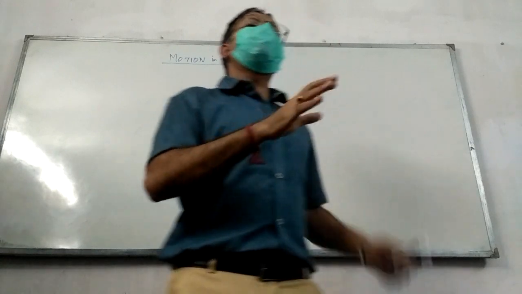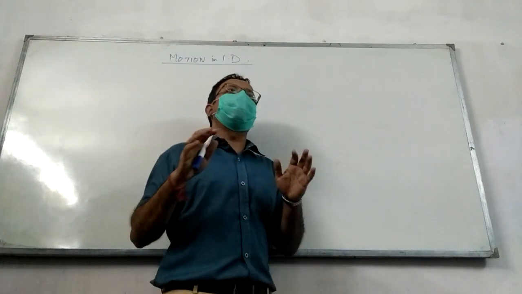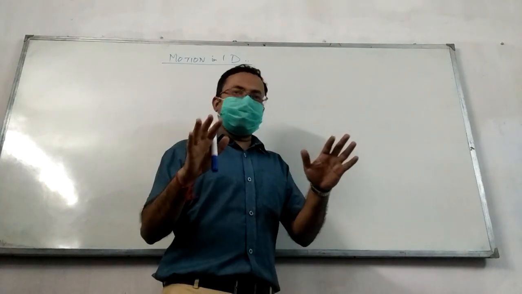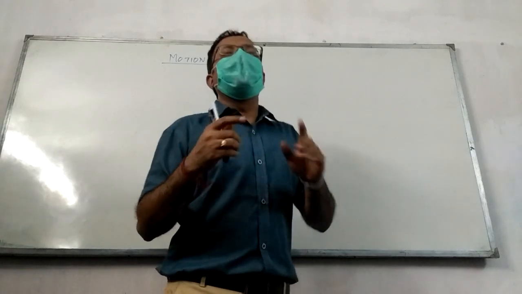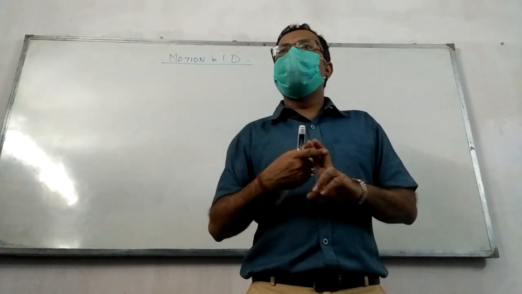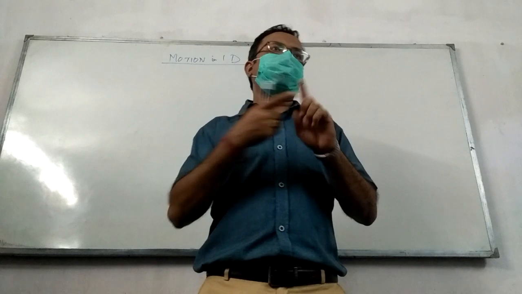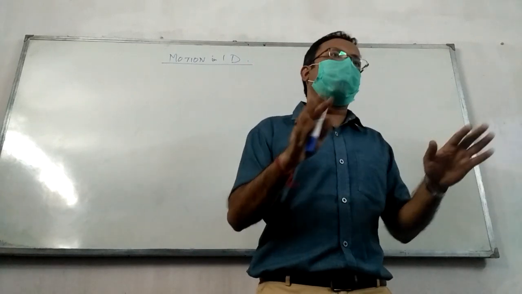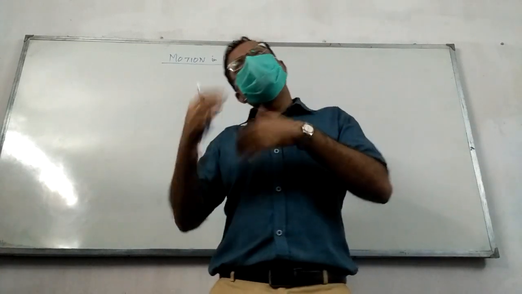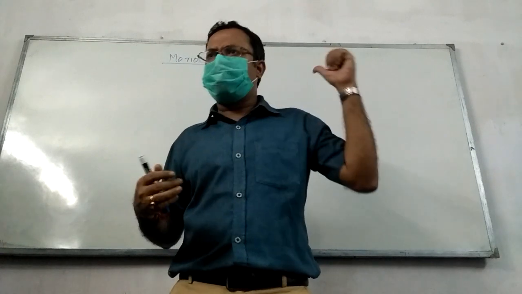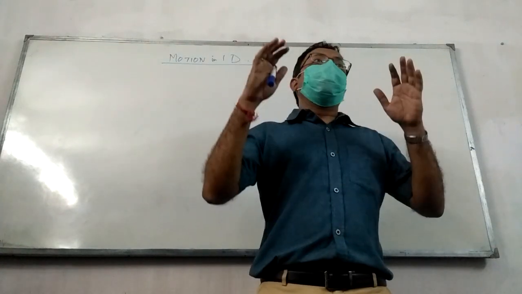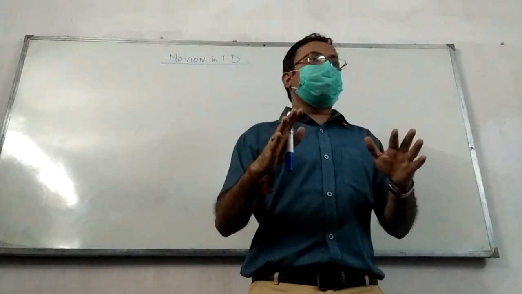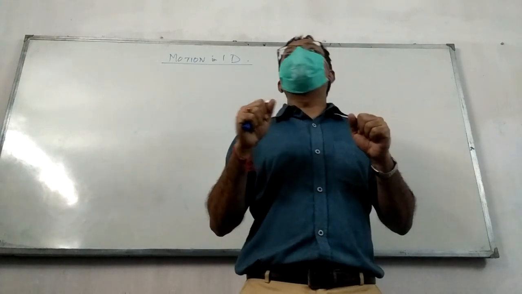Alright? Now, before we start off with this motion, I need to tell you something about physics. The chapters we did earlier, like dimensional analysis and error analysis, were more about mathematics. We'll learn more mathematics in this chapter also. But the first part of the physics of class 11 is called mechanics.